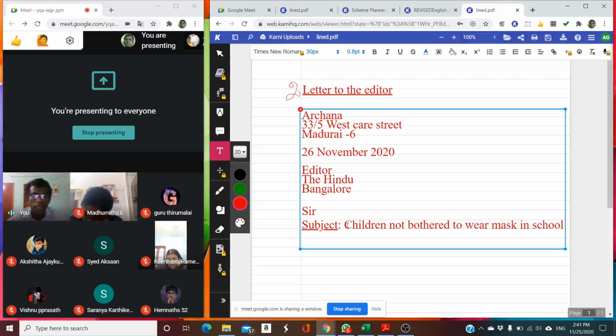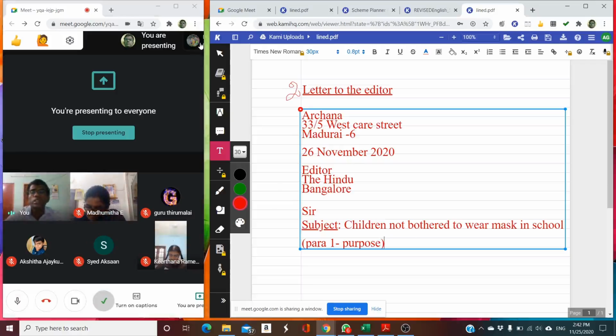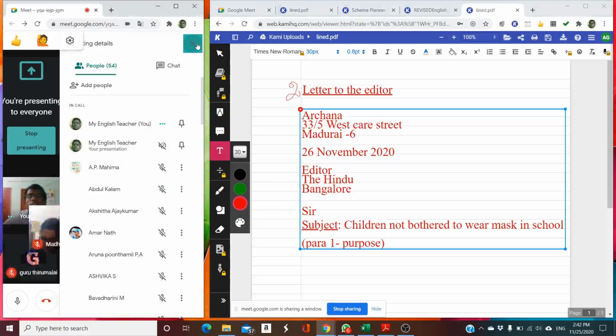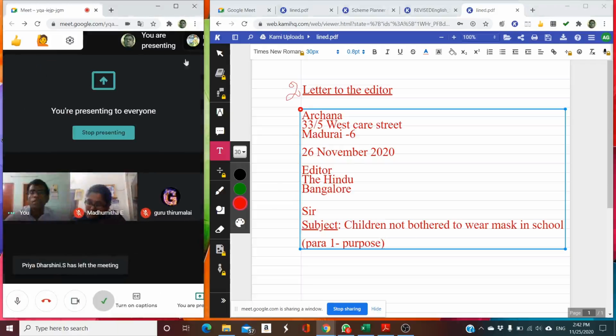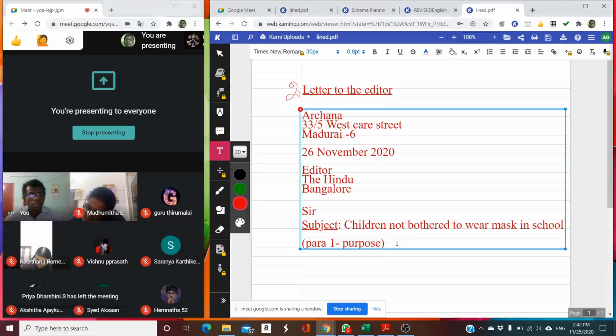Okay. What do you write in the first paragraph? Paragraph 1. Purpose. You are writing the purpose. Why do you write the letter? That is what you write in the first paragraph. This is only a sample.